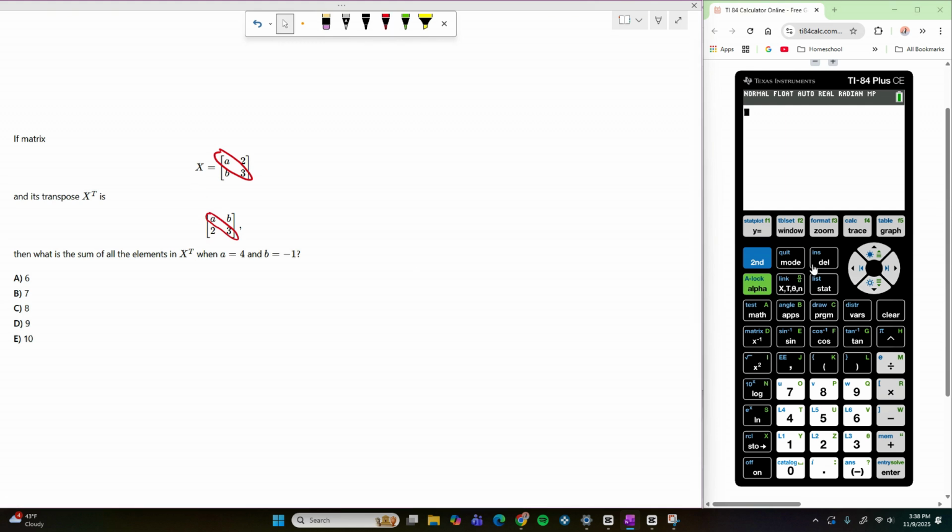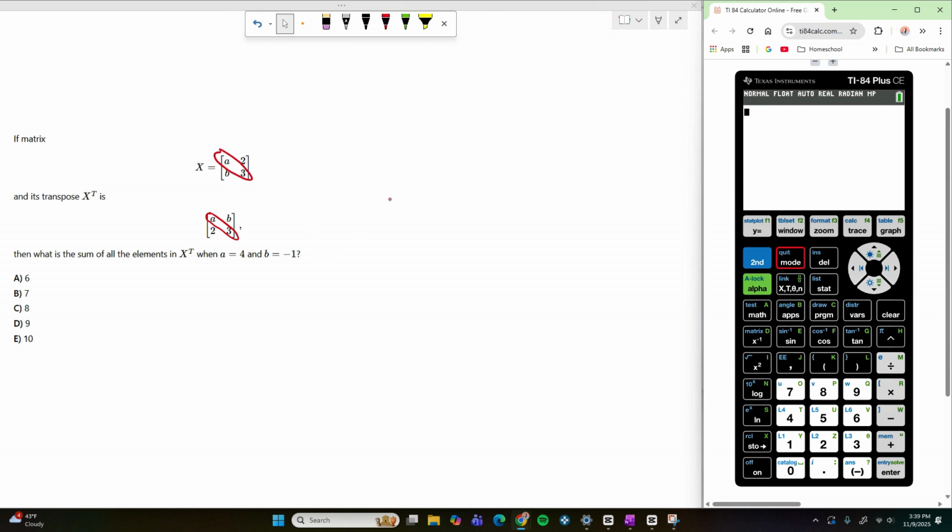Just like how it's written right here, it's flipped on the diagonal from the original matrix. And so there's actually a function in matrix math, that second one, that to the T right there, it'll do it for you. But all this is asking, it already gives me the transpose of X right here. What is the sum of all the elements in X to the T when A equals 4 and B equals -1? An element is just a piece of data in a matrix.